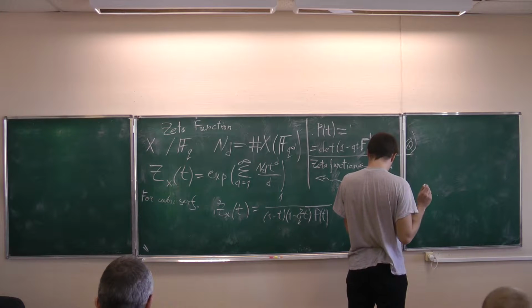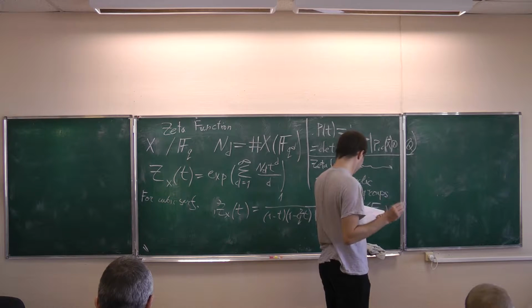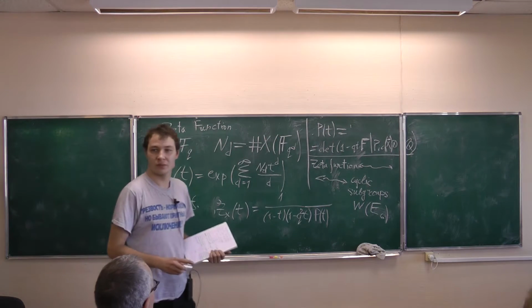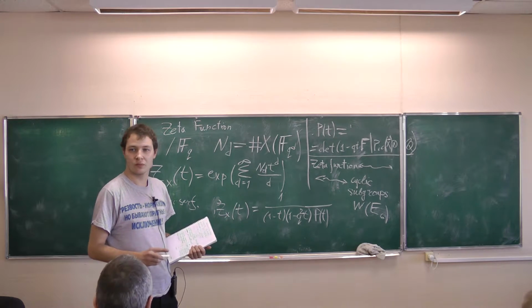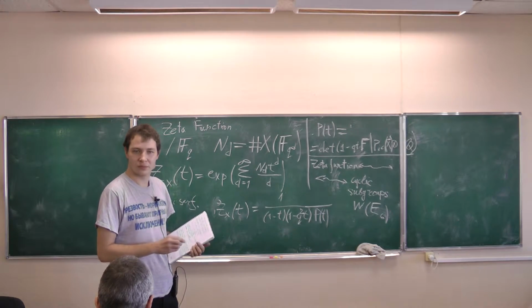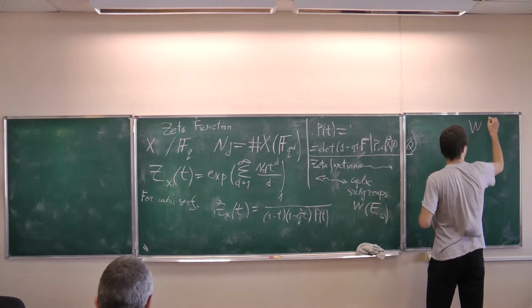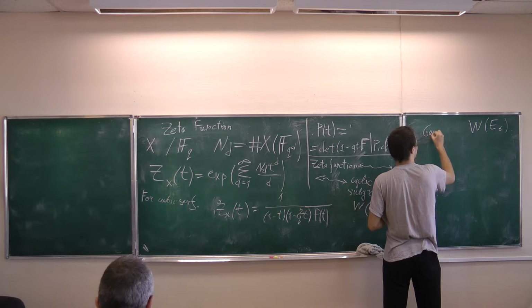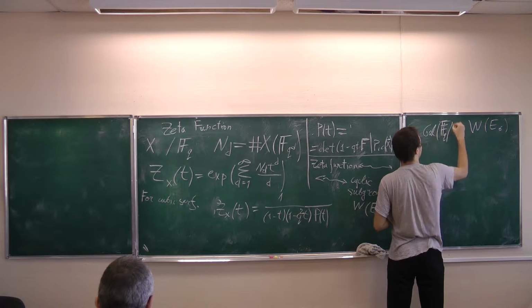What do we have for cubic surfaces? I have the Weyl group, and I have the Galois group of the algebraic closure.